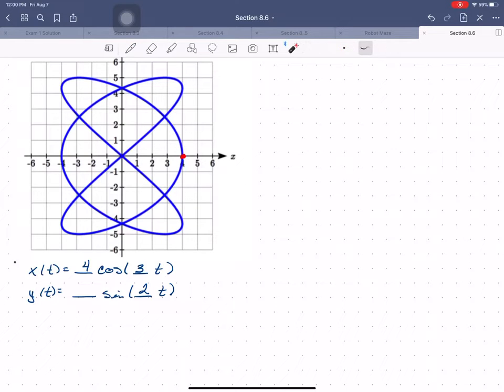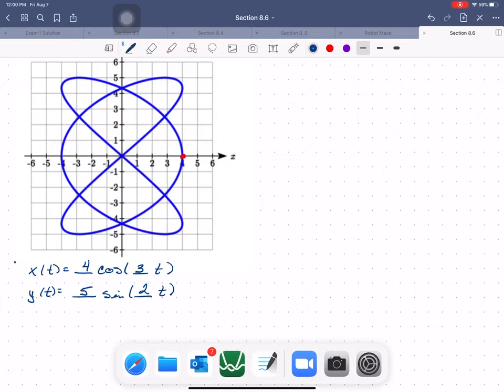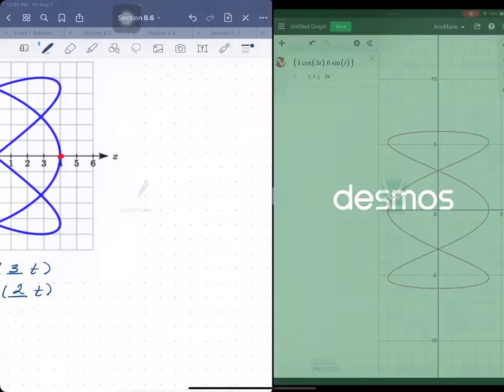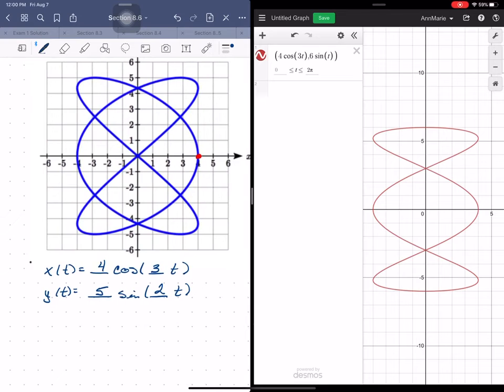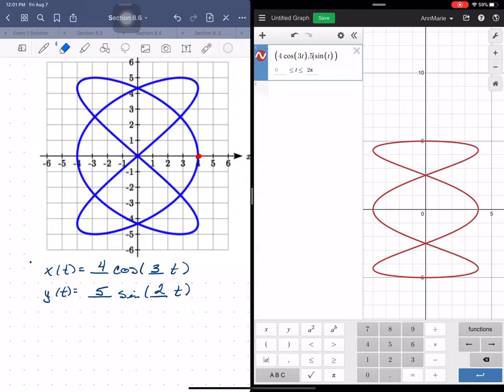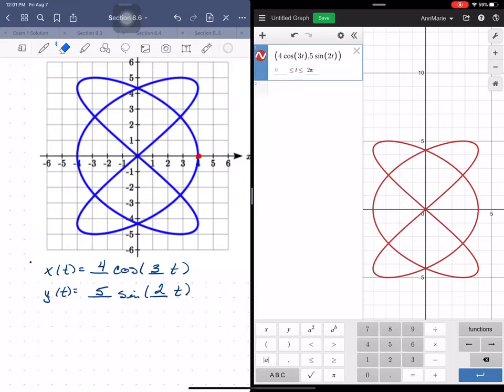So my minimum y is -5. My maximum y is +5. So my amplitude is 5. So let's check ourselves here. So I've got 4 cosine 3t and 5 sine 2t. And sure enough, that is the correct shape.